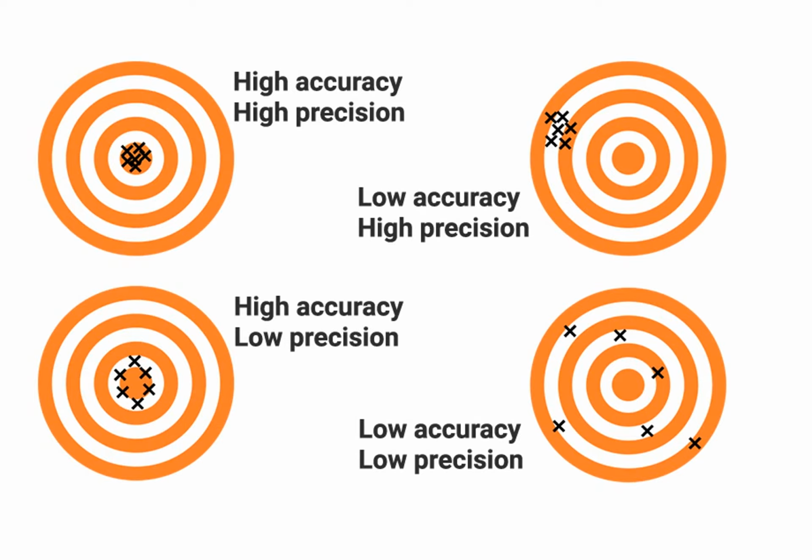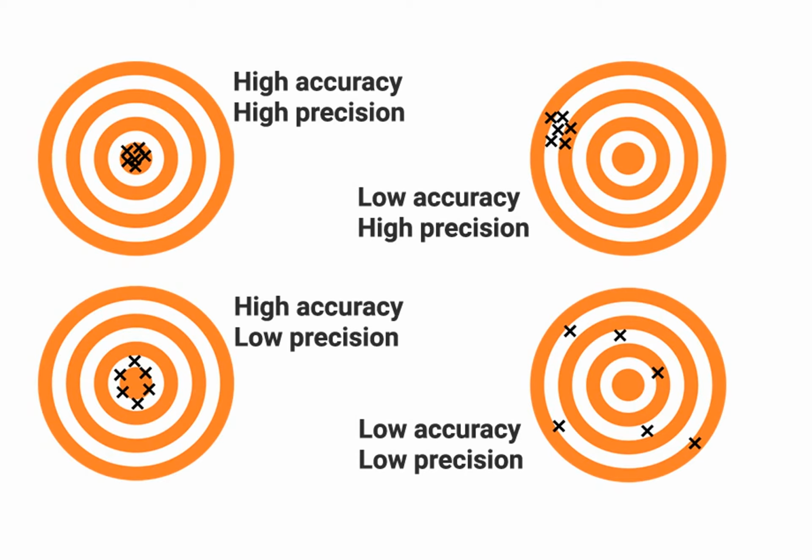Now see the left hand bottom image, the second image on the left. Here you can see that the values are very near to the target value, but they are scattered around it. So the accuracy is good, but the precision is not.